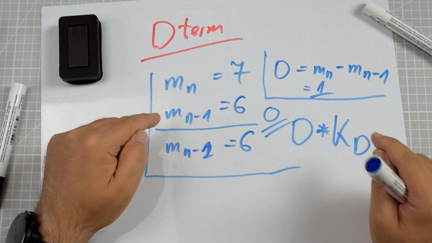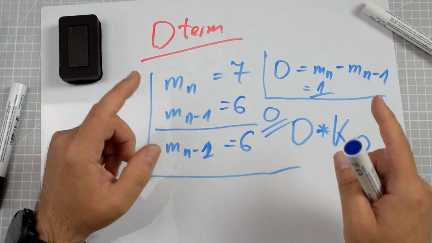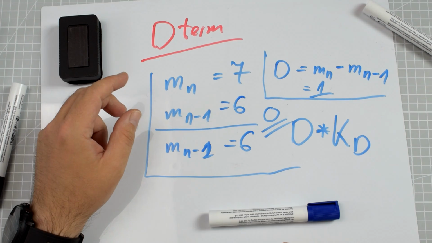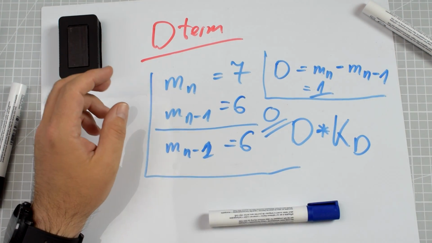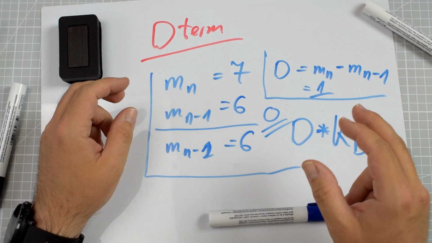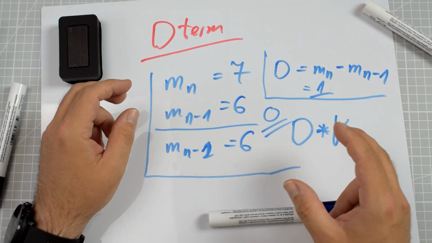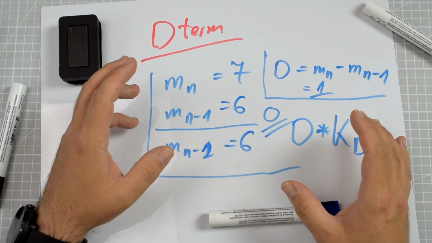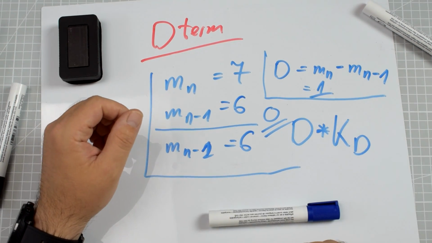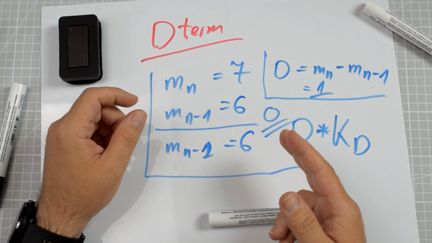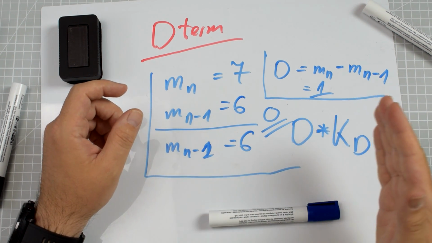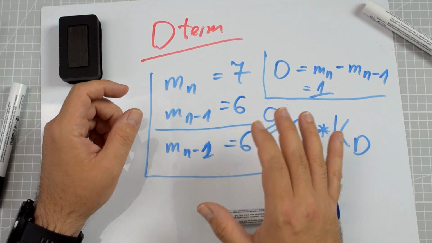However, this is not the end of the story about the D term, and we have to combine this knowledge with the knowledge from the previous part of the video, where I told you that the amplitude of the derivative does not really depend on the amplitude of the original signal, but depends on the rate of change, how fast the signal is changing. And this also means that the frequencies in the D term can be slightly different than the frequencies in the original signal.